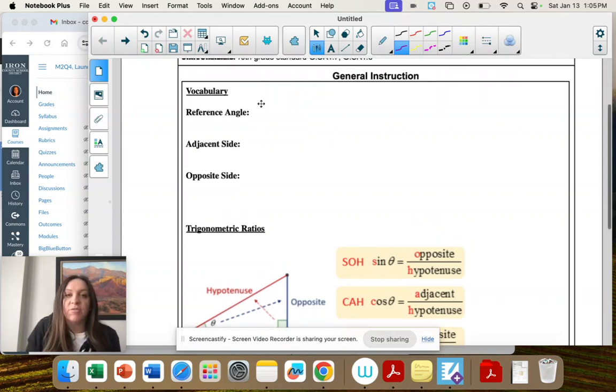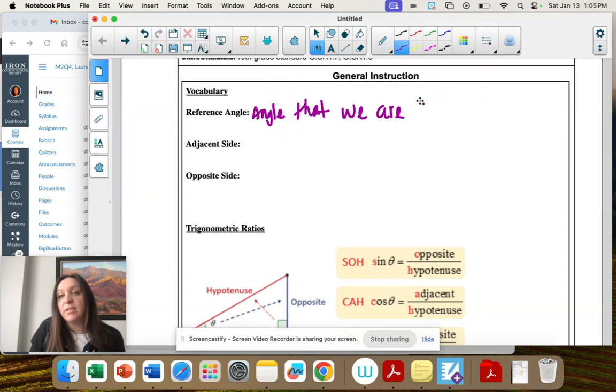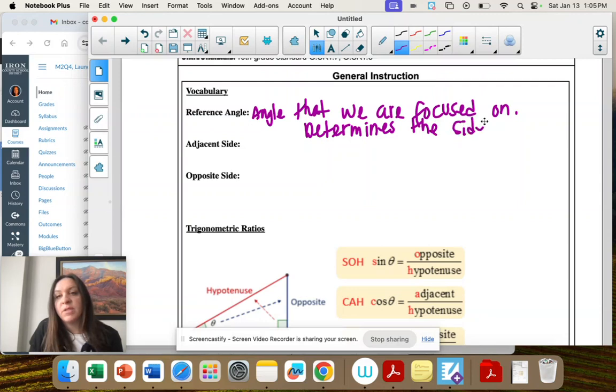So first thing, a reference angle. This is the angle that we are focused on, that we have picked. It determines the sides. All right, adjacent side. Adjacent actually means next to.